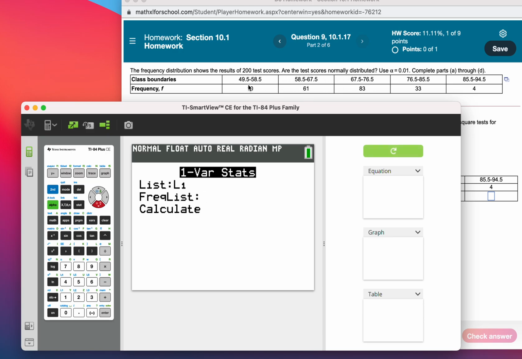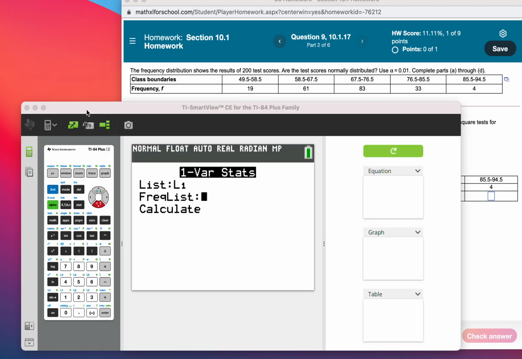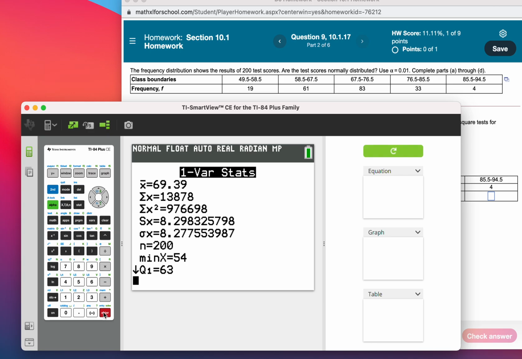So obviously this is an estimate because not all of our values are at 54. We might have 2 at 49.5, 2 at 58.5, or whatever, but we have 19 total that are in this group, so this is our best guess at an average. I'm going to put my frequency list here, hit enter. Okay. Now, this is giving me the data.